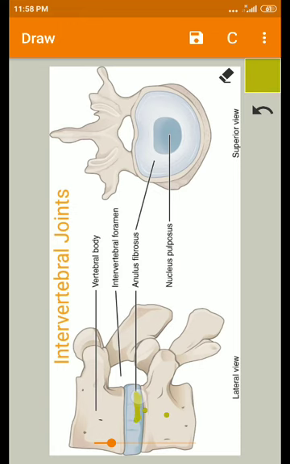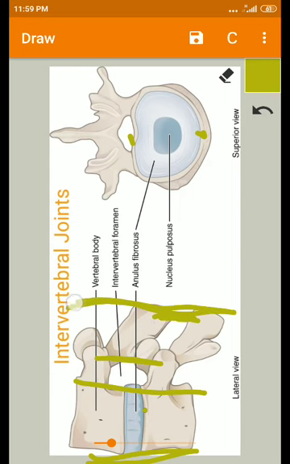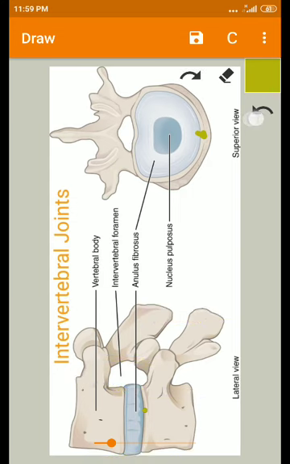This disc also attaches to the surfaces of the bodies of the two adjacent vertebrae, and these joints are supported by ligaments: the anterior longitudinal ligament, posterior longitudinal ligament, intertransverse ligament, interspinous ligaments, supraspinous ligament, and the ligamentum flavum. All these ligaments support the intervertebral joints.